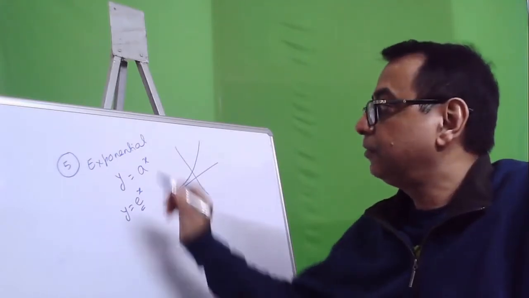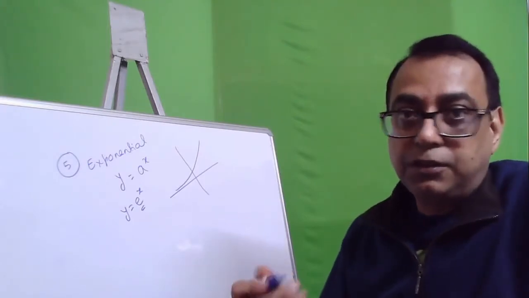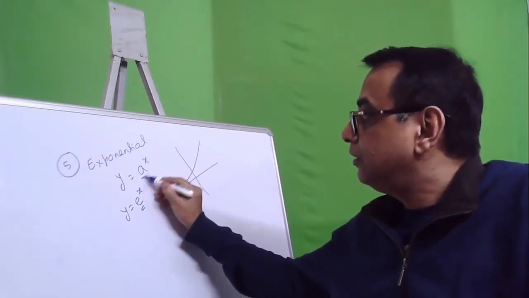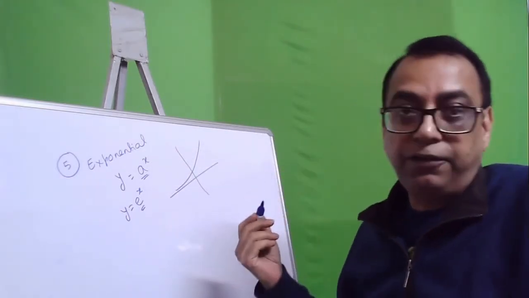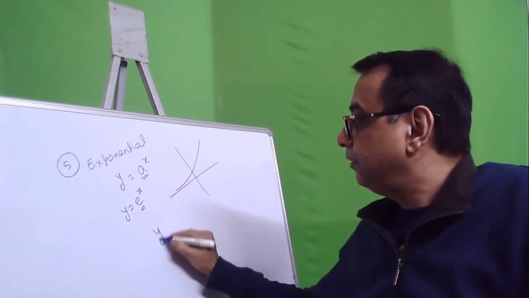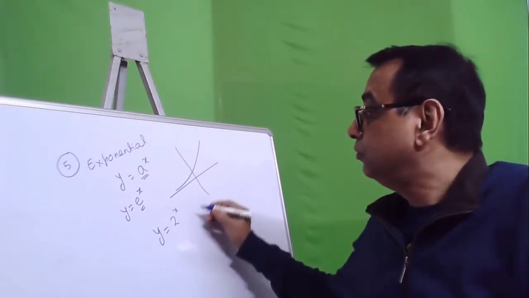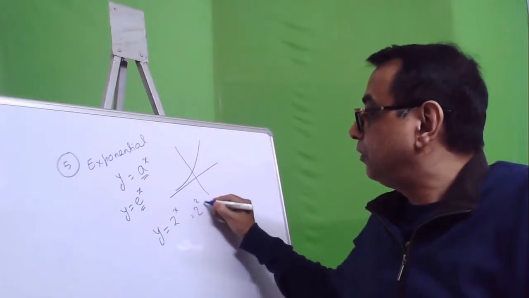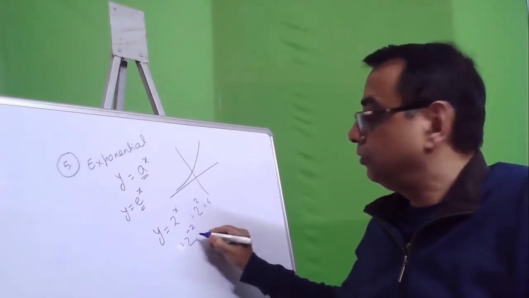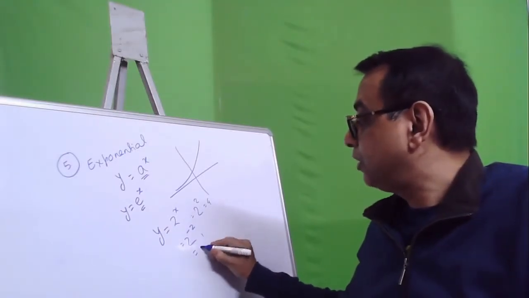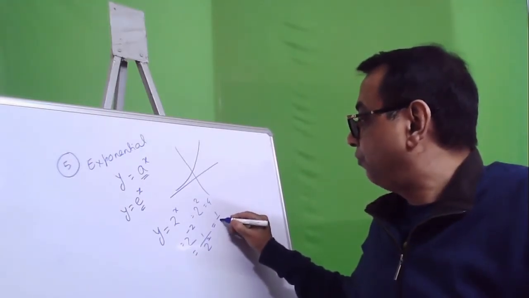A very interesting thing about this exponential function is that it can never be negative. Why? Just try to figure out, because this is a base and this is a power. When we give a negative power, for example, y is equal to 2 to the power x, when x is 2, then y becomes 2 to the power 2, which is 4. And when x becomes minus 2, it becomes 2 to the power minus 2, which actually means 1 divided by 2 to the power 2, which is 1/4.